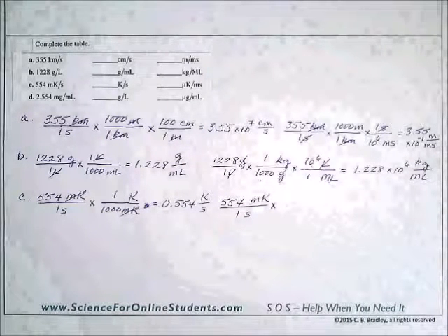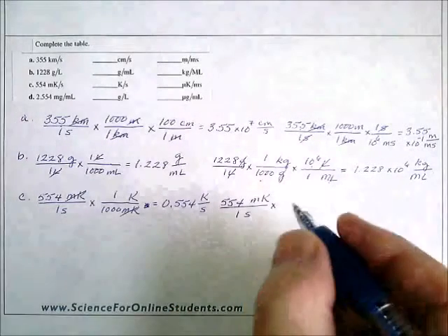We could do it in one if you're absolutely sure of the relationship between millikelvins and microkelvins. I am. You may not be. So let's do it with the extra step and make sure we have it right.